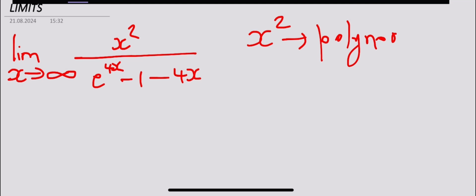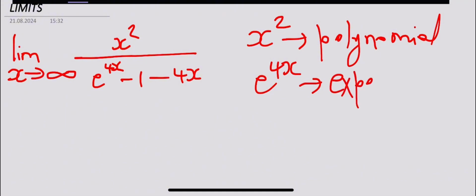And e to the 4x in the denominator is the exponential function. Good. Now that we've said that, the numerator x squared, as x approaches infinity, also approaches infinity, but at a relatively slower rate compared to exponential functions.